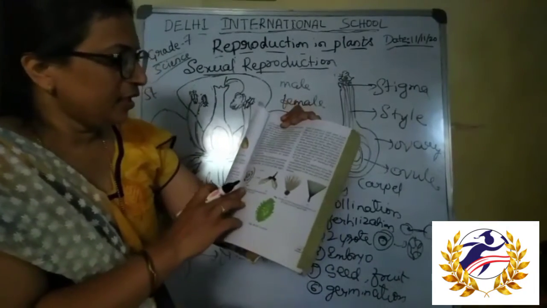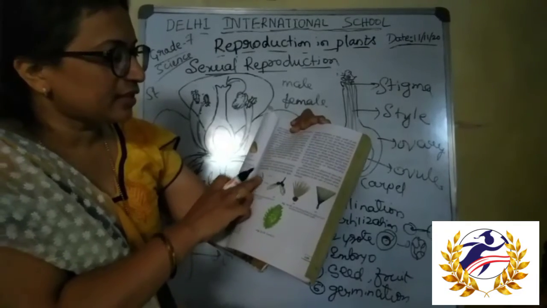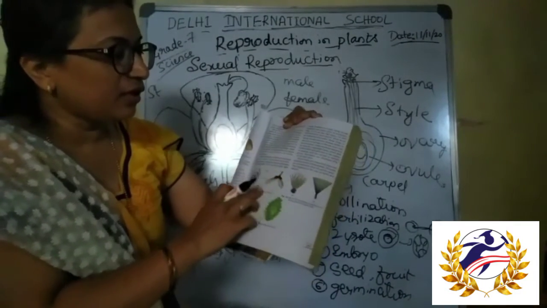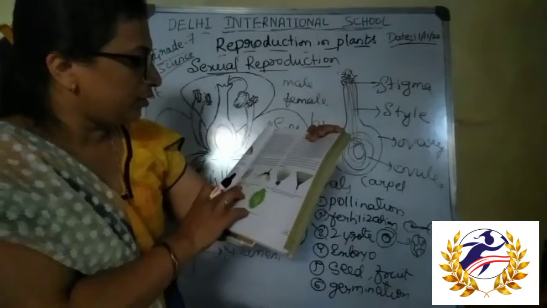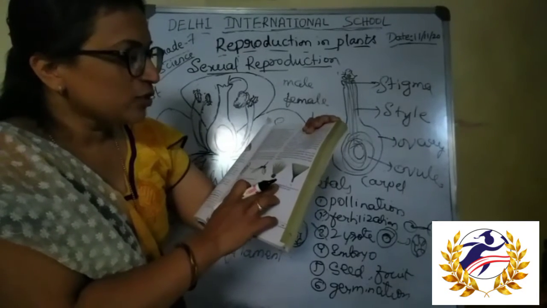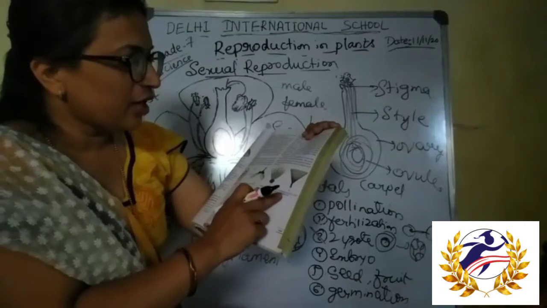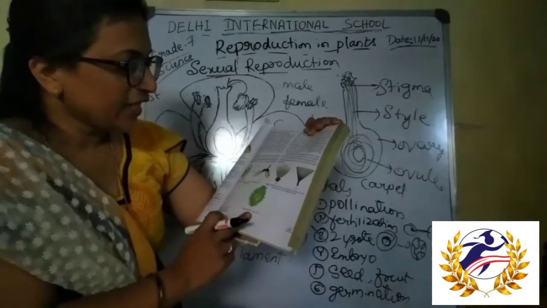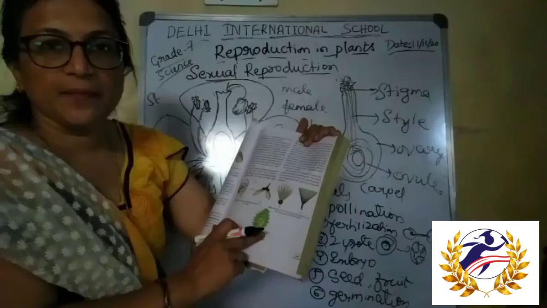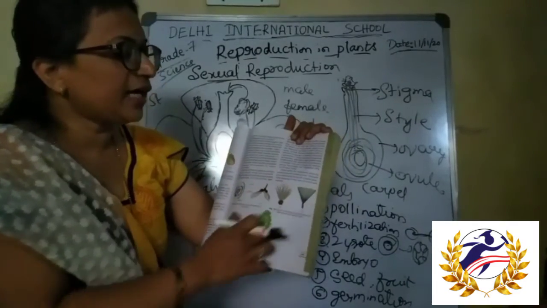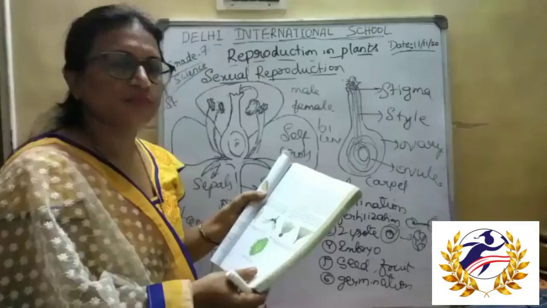So like this, these are the seeds of drumstick and maple, and these are the hairy fruit of sunflower, and this is the hairy seed of madar, that is oak tree, and this is the seed of xanthium. So these are different kinds of seed which have different properties.